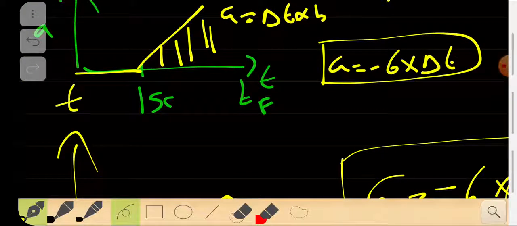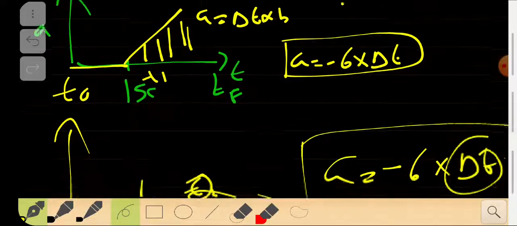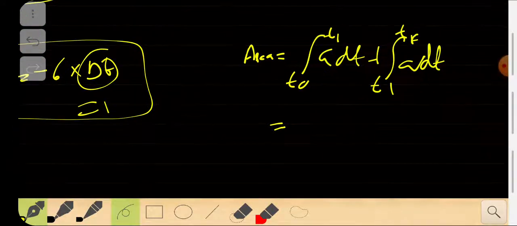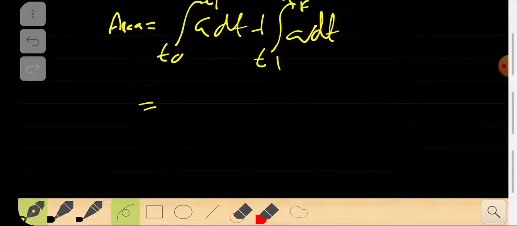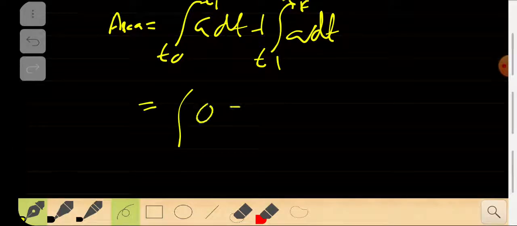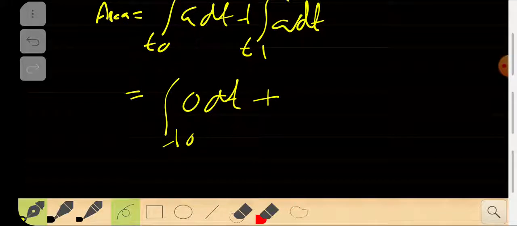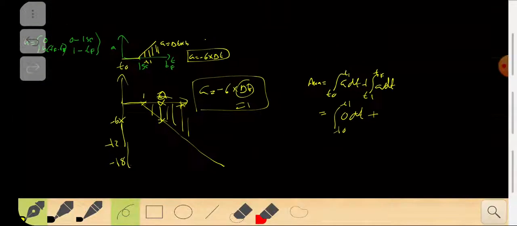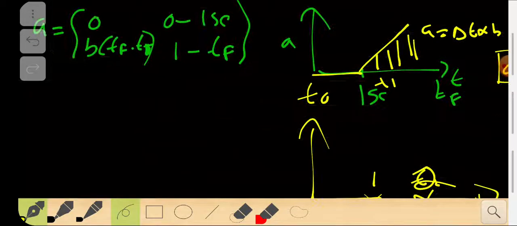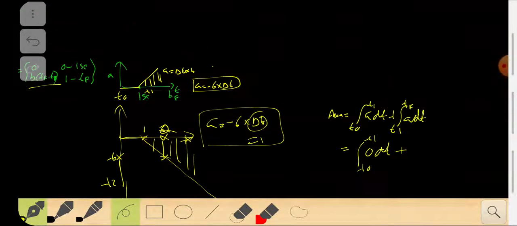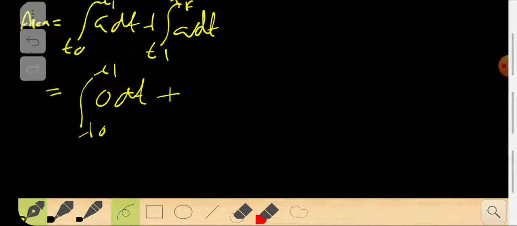T0 to t1, the graph in the first second a is 0, so you can just write down the integral of 0 dt, not necessary t0 to t1 if you want, plus, in the second part if you look at the equation, it's b times tf minus t1, right? So you can substitute that back into the equation.